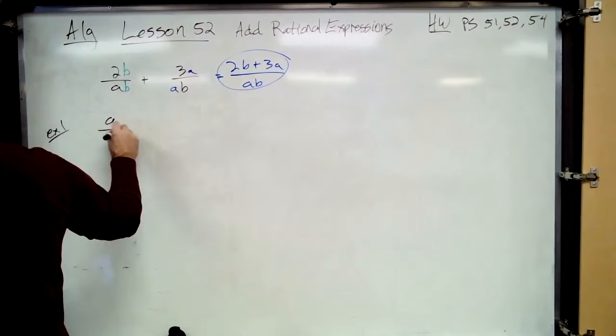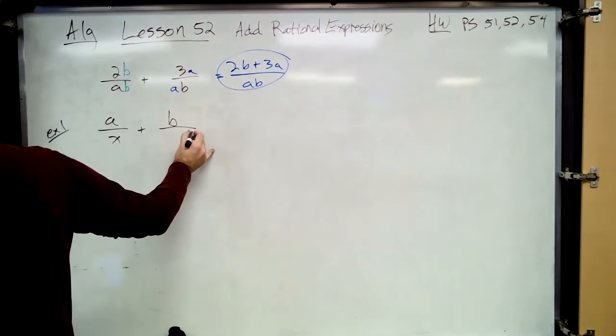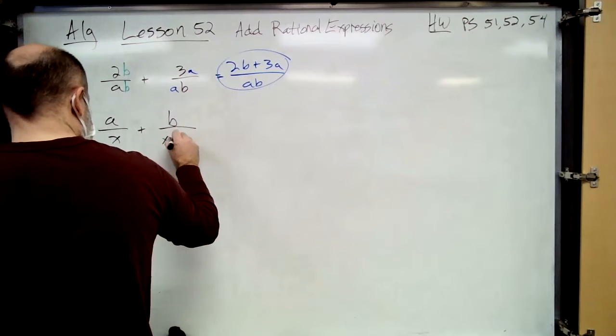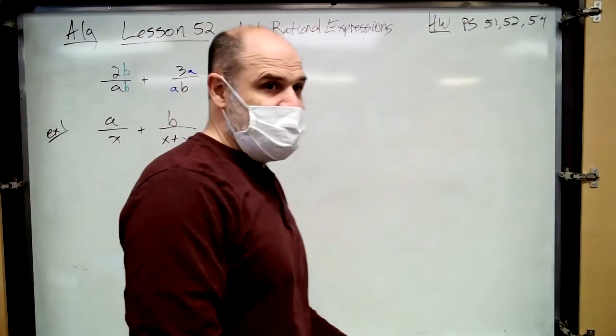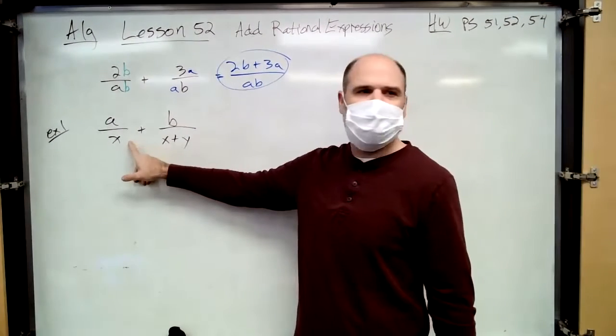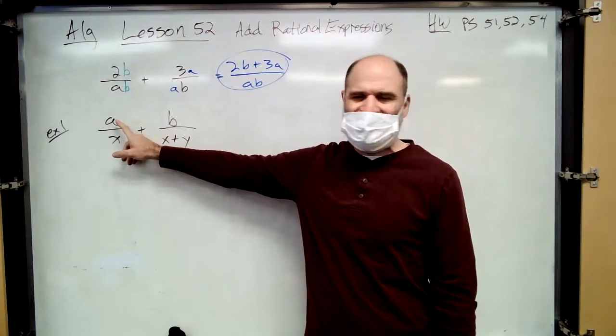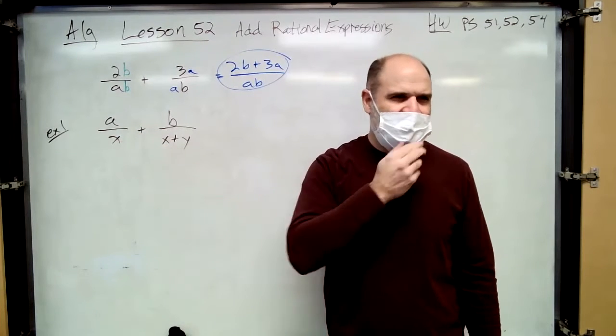If I have a over x plus b over x plus y. Now here's the deal. It kind of looks like they both have an x in common, doesn't it? So can I just add y to here and then add y to there? That's my first knee-jerk reaction. I have to make these denominators look the same.